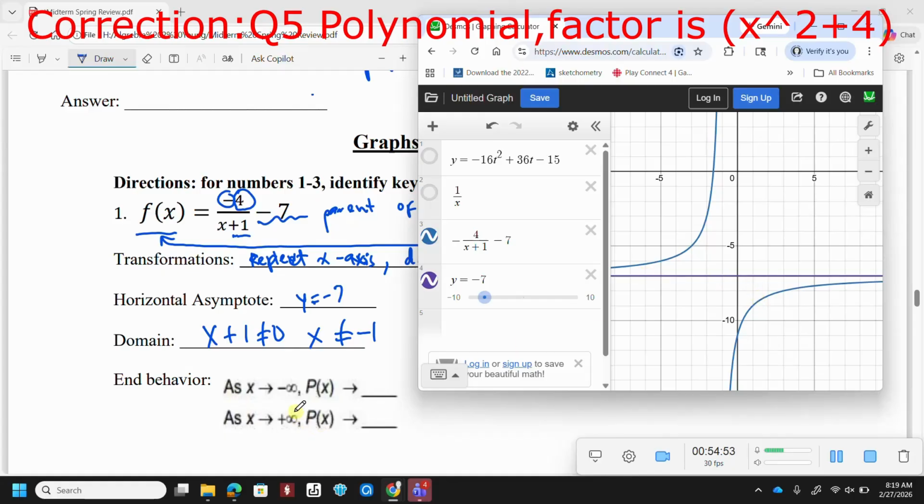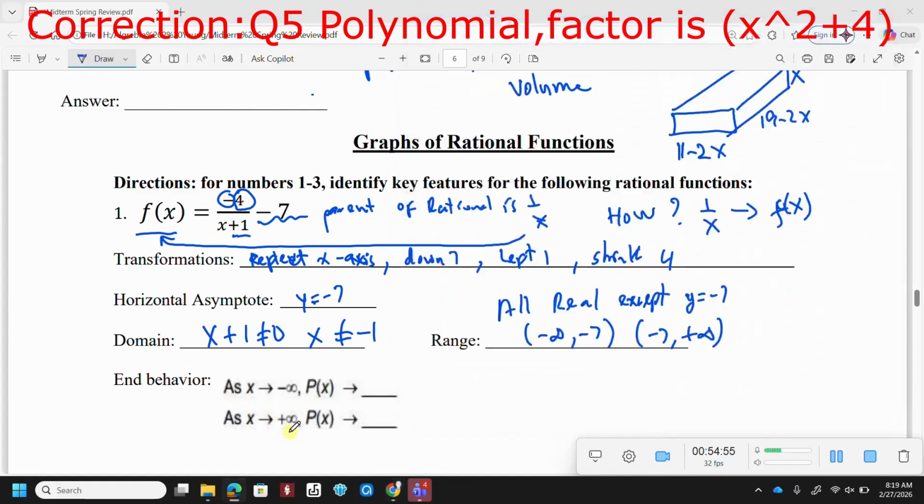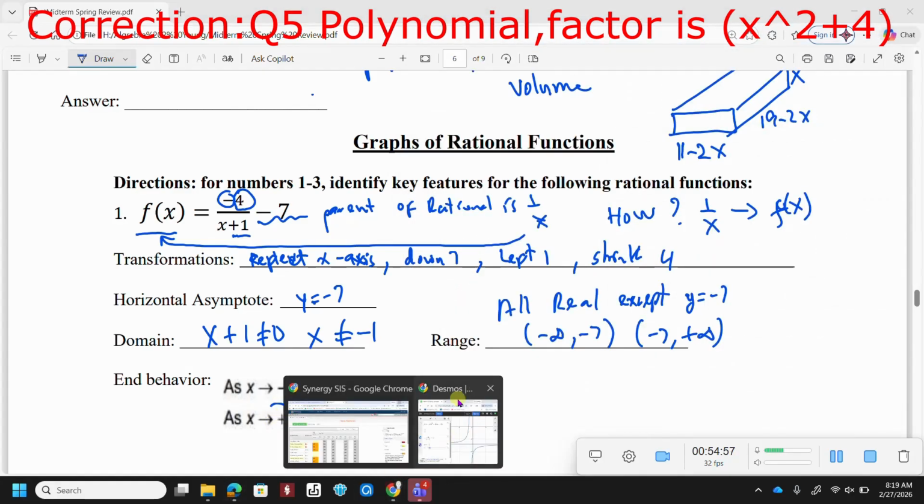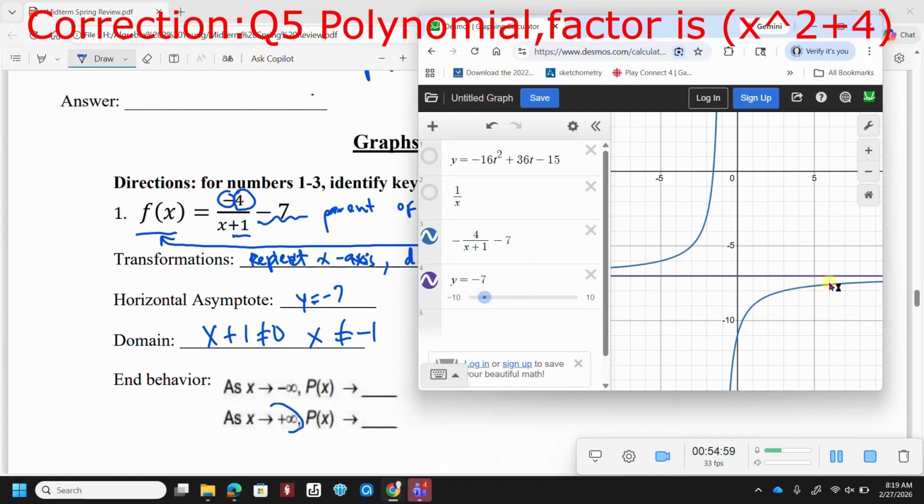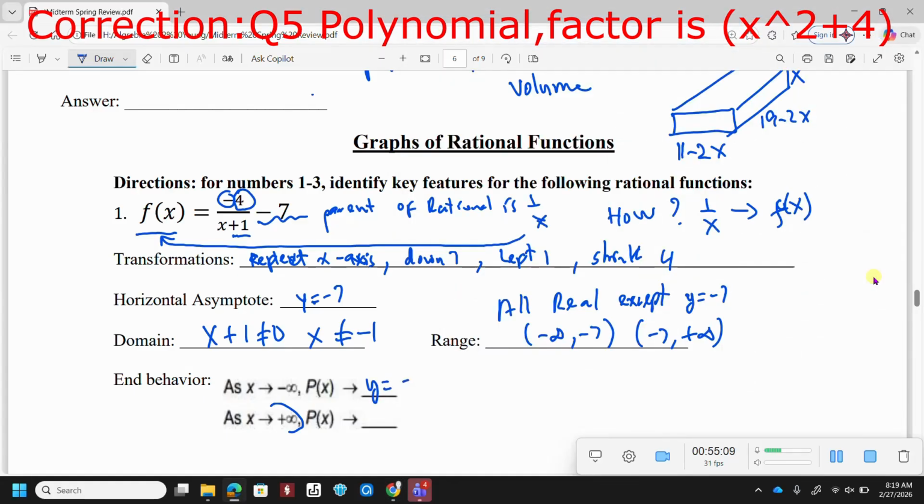If x is going to positive infinity, right over here, so going to the right, the graph is getting closer to y equals -7. So be y equals -7, and same thing with this. So be careful with the end behavior.